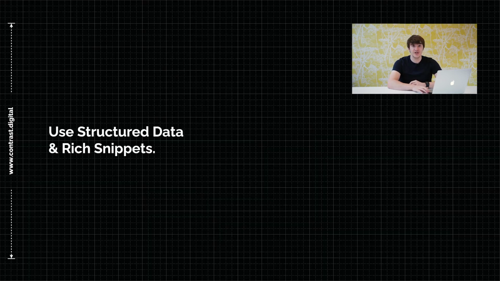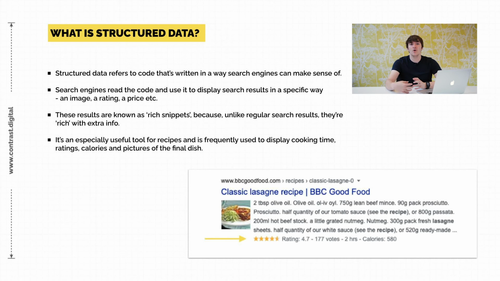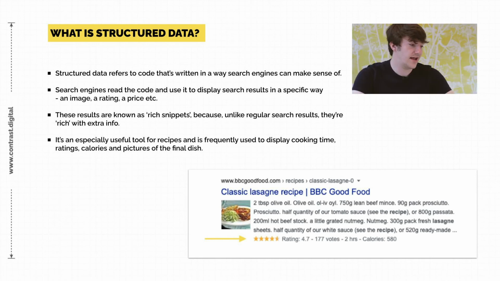Getting into structured data and rich snippets: this is markup that search engines can interpret and pull further information out from. As we can see here, we've got reviews that can be pulled in from customers' reviews.